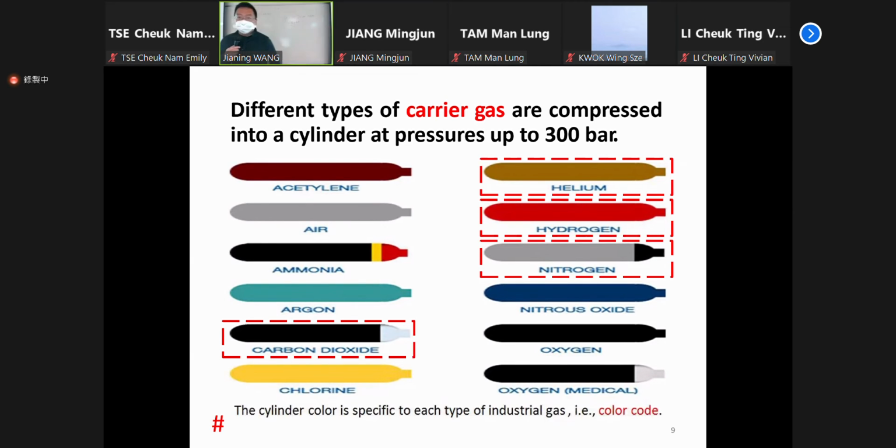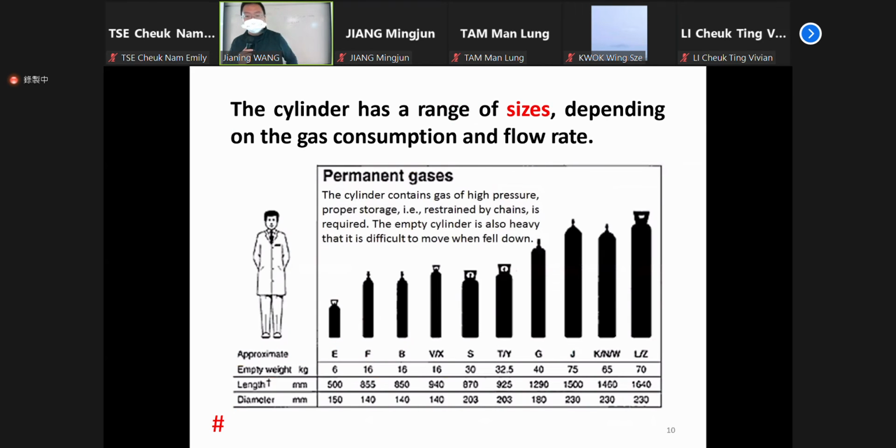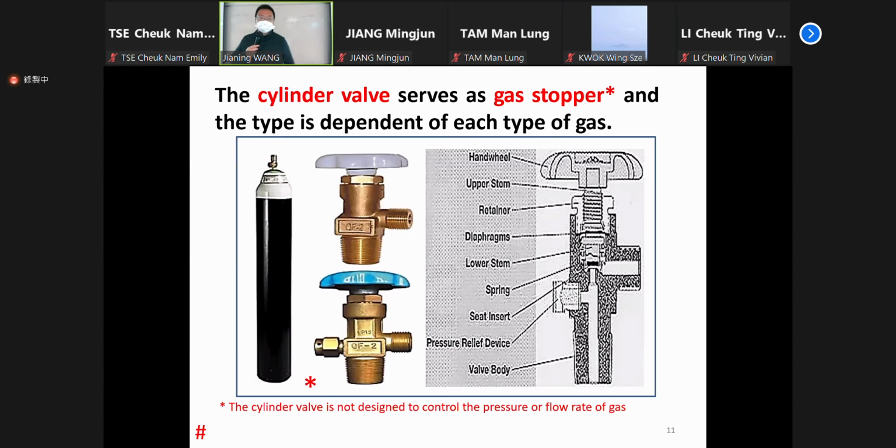Different carrier gases have different colored or labeled cylinders for storage, and you can read the color code to identify them. They also have a wide range of sizes.